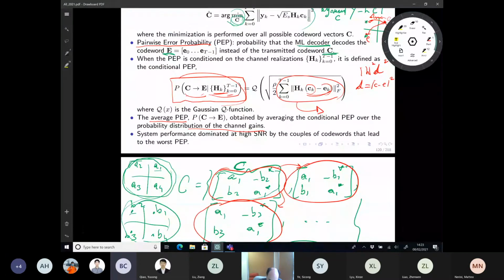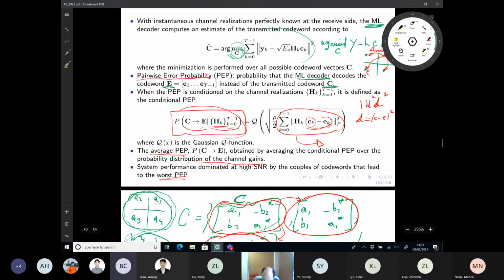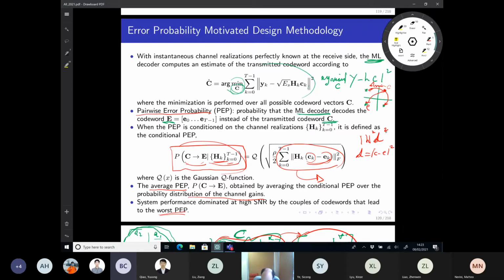What we're going to do next is simplify the system a little bit. Let's look at high SNR and try to find which pairs of code words C and E lead to the worst pairwise error probability. In the SISO case, we had different points with different distances, and we said this error probability is mainly dominated by the points that have a minimum distance.